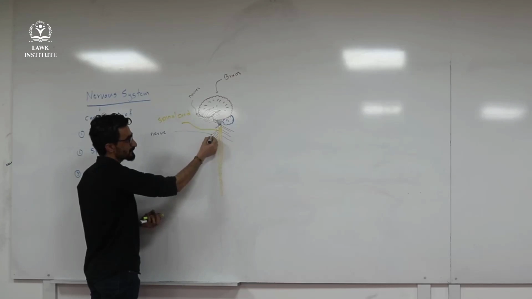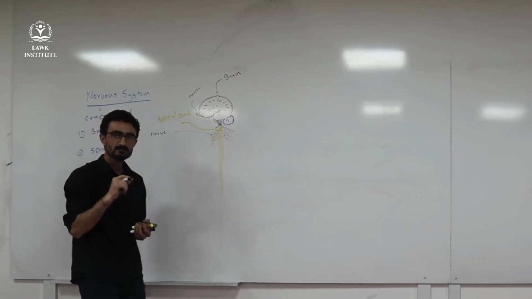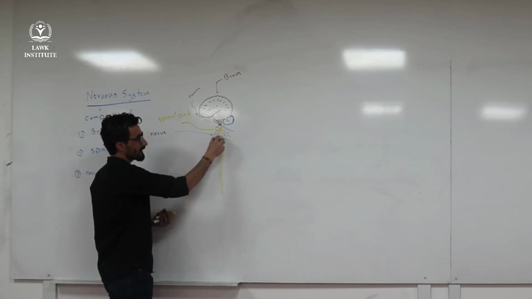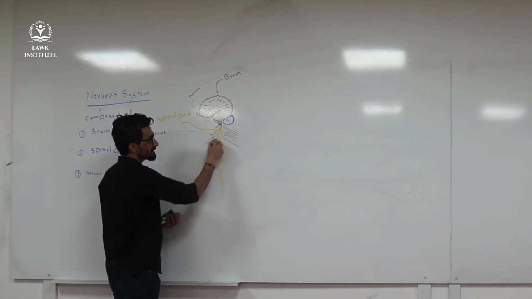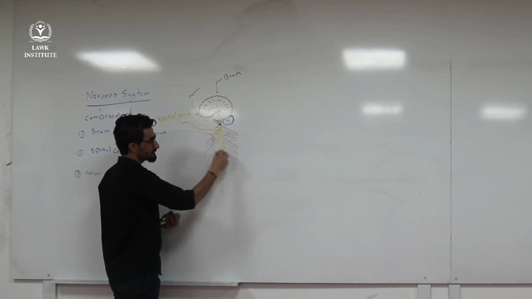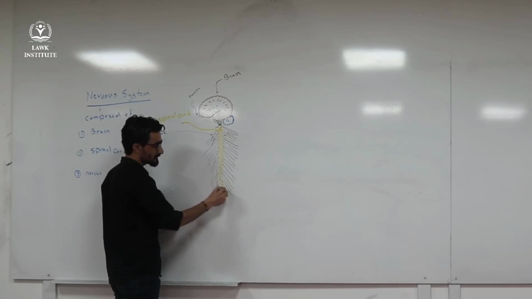But from the spinal cord, here you can see extensions of bundles of neurons that are responsible for controlling your shoulders, your arms, even your chest and your abdomen, the muscles and glands of your chest and abdomen, and finally those nerves that control the muscles and glands close to your abdomen and pelvis.